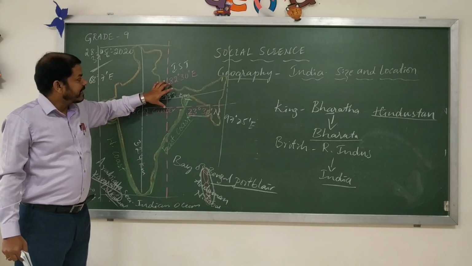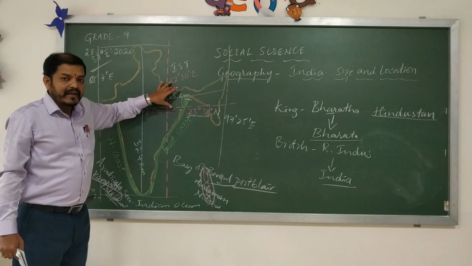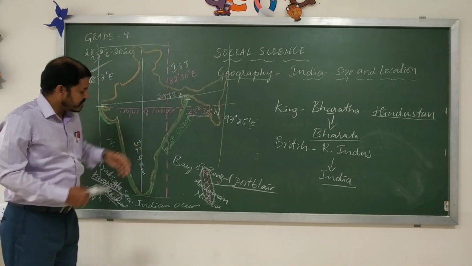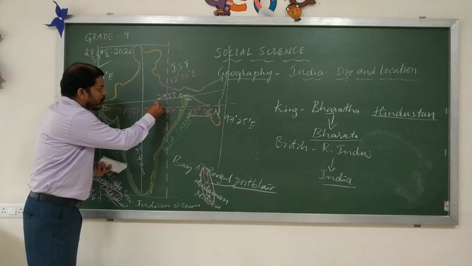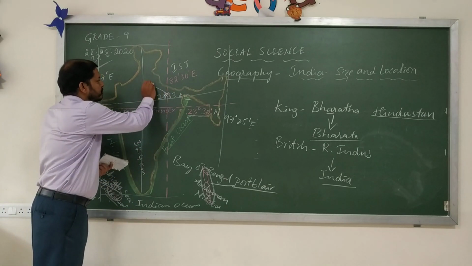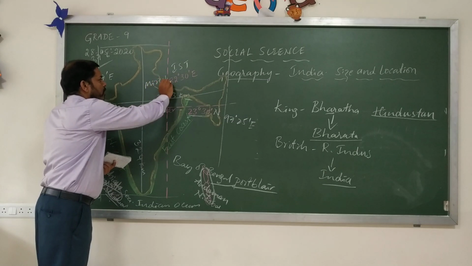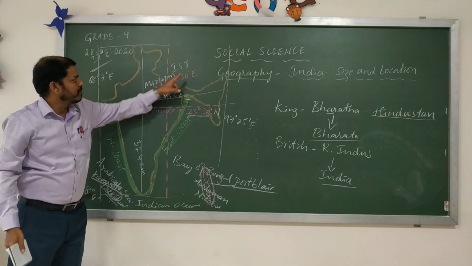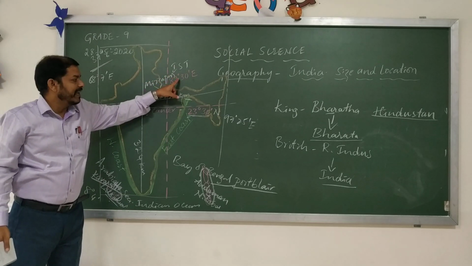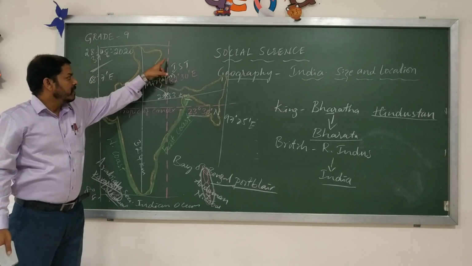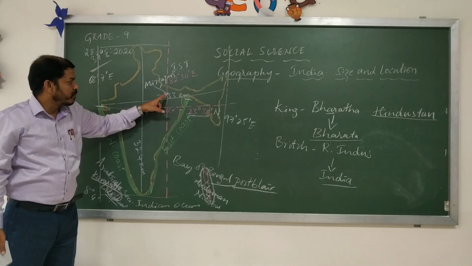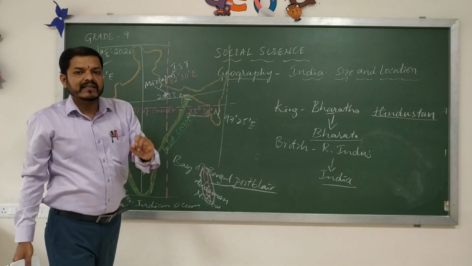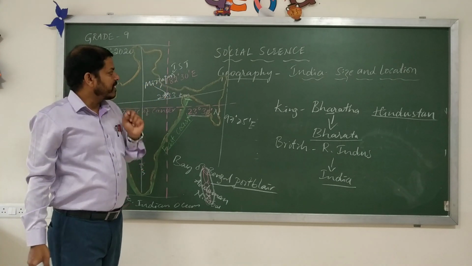We take the longitude called 82 degree 30 minutes east, which passes through Mirzapur in Uttar Pradesh. Indian Standard Time Line, 82 degree 30 minutes east, passes through Mirzapur in Uttar Pradesh, and we consider it as the Indian Standard Timeline.